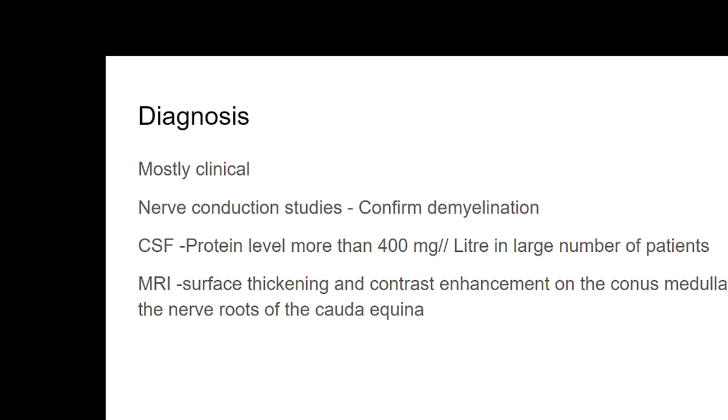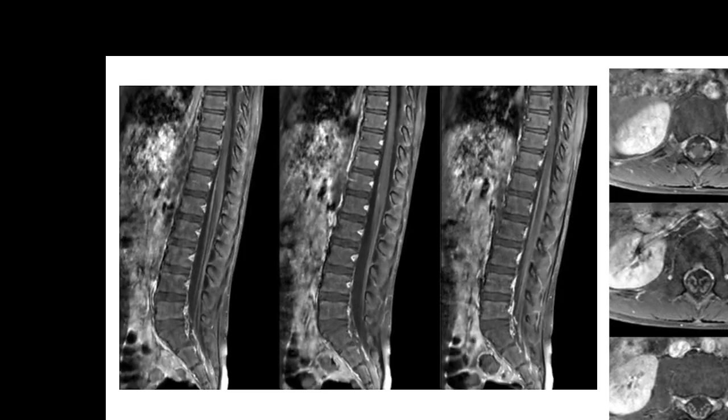A higher level of protein may suggest an inflammatory pathology involving the central nervous system, and that may help in confirming the diagnosis of GB syndrome. MRI is also comparatively sensitive, where you may see thickening and enhancement of the conus medullaris and nerve roots, as you see in this image.